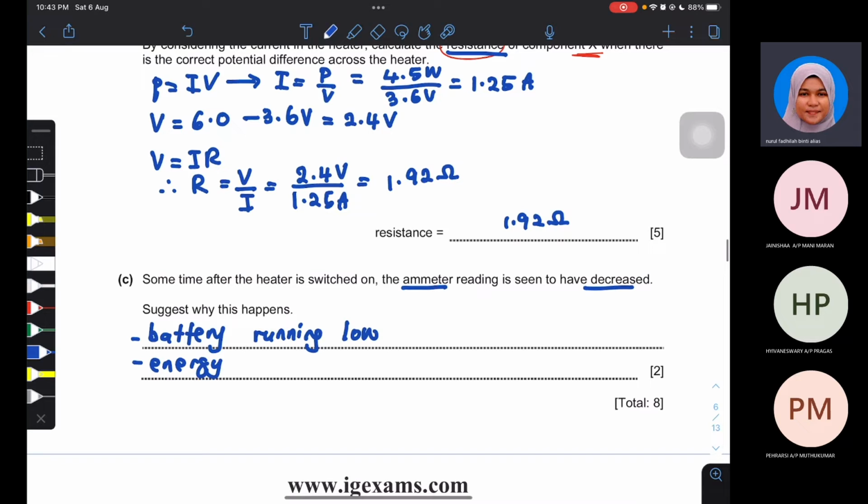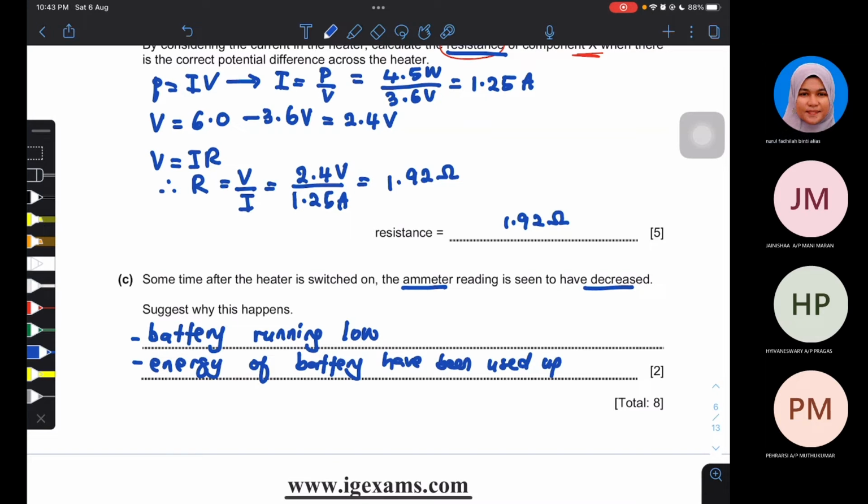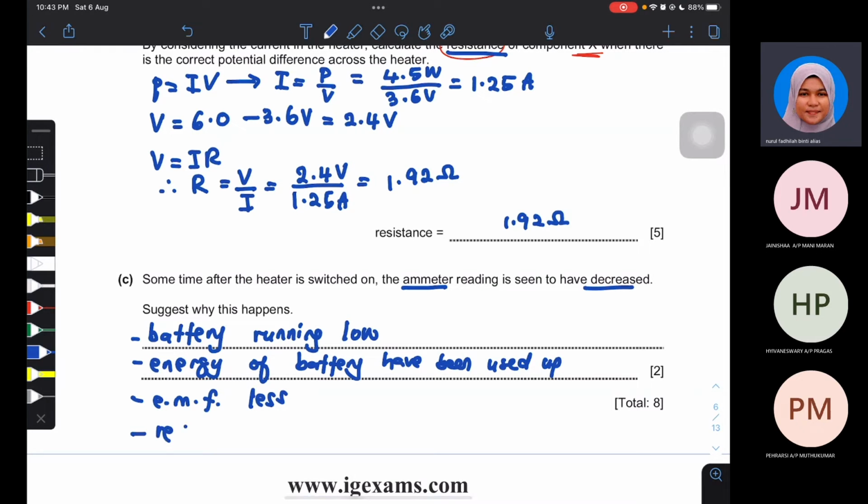Because energy of battery have been used up. So, ataupun kata EMF less, berkurang, reducing. Kenapa begitu? Sebab resistance increases.